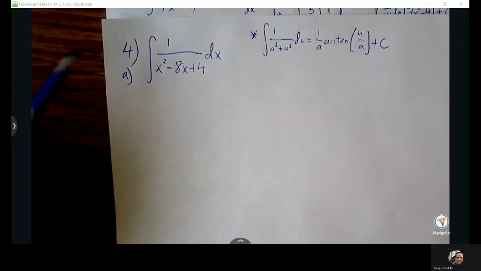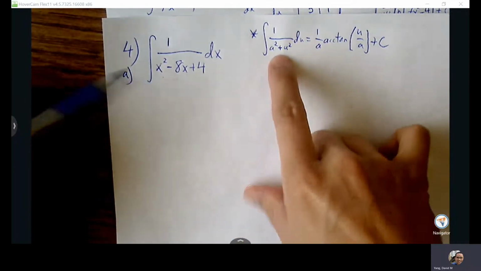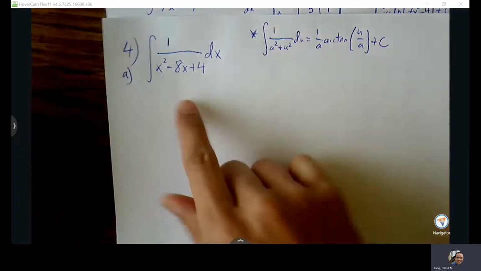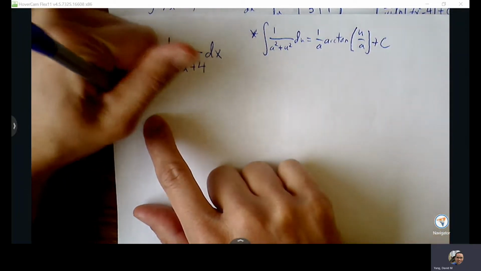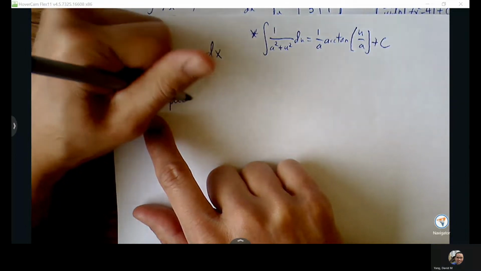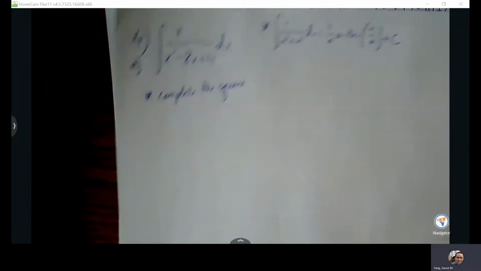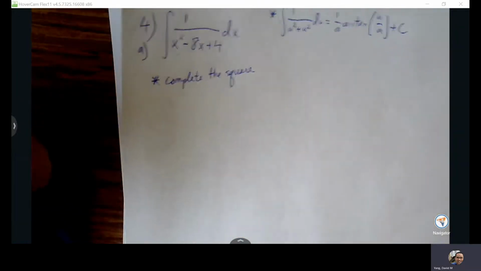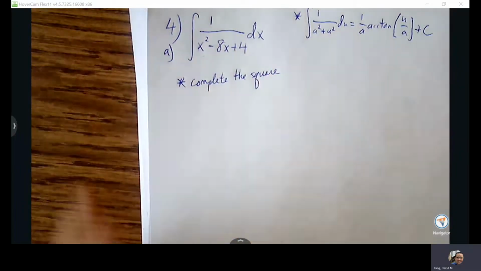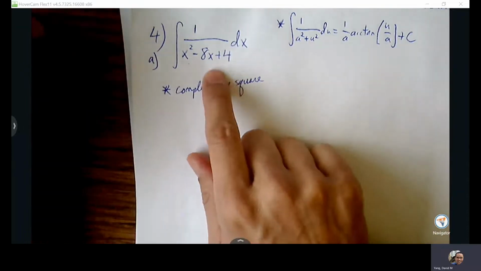However, this trinomial, the standard form, is not quite set up for us to pull the a and u value. We have to go through an intermediate step, and that intermediate step is completing the square. So we have to step to the side and focus on trying to get that trinomial to give us a form that's easier to work with.